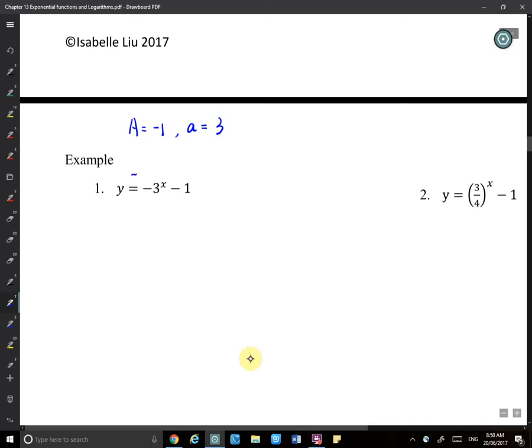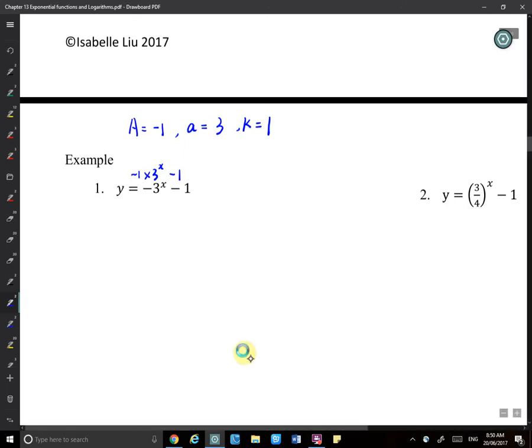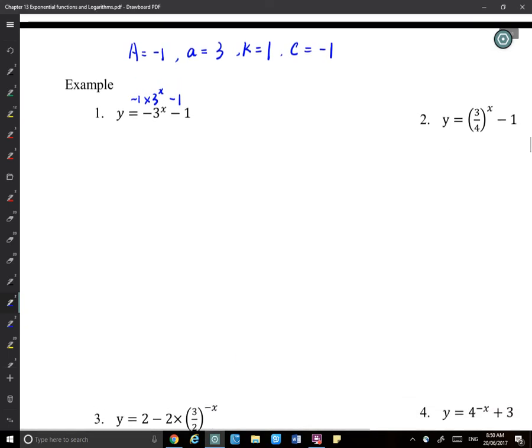You can say it's -1 times 3 to the power of x minus 1. And your k value must be 1. There's no other coefficient in front of x, so the coefficient will be 1. And then the c value, capital C, will be -1. Okay, that's what we have, and therefore let's sketch the graph.